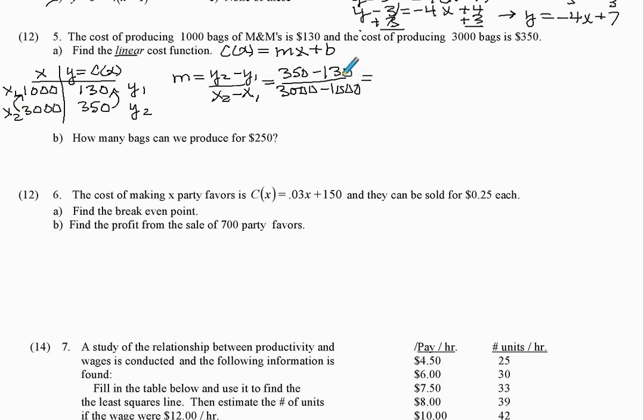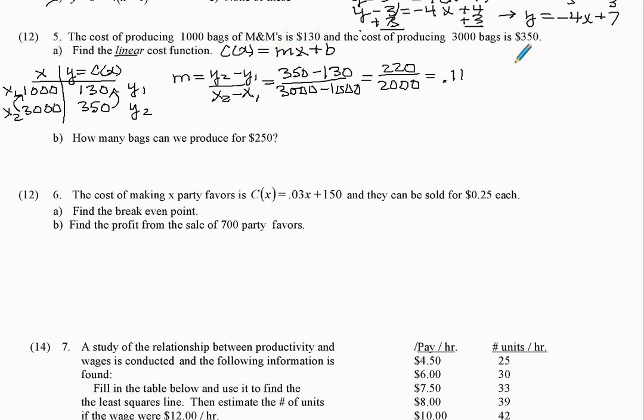So 350 minus 130 is 220. And then 3,000 minus 1,000 is 2,000. And then if you divide this out as a decimal, it's 0.11. So now we can take that 0.11, we can plug it in here for slope.